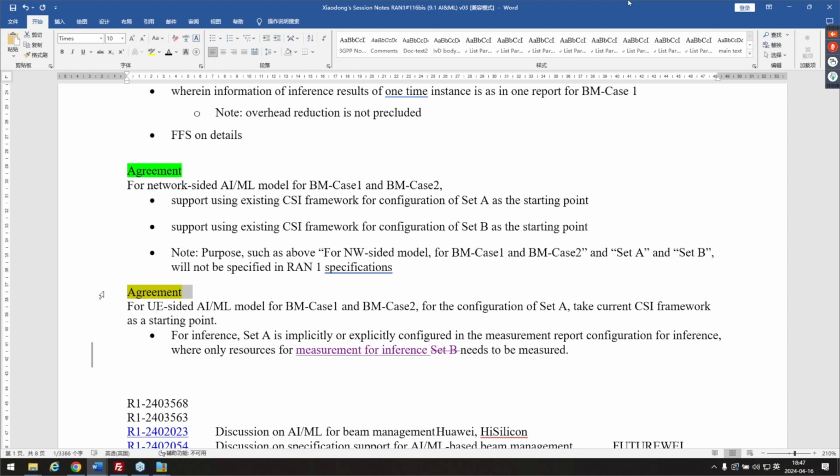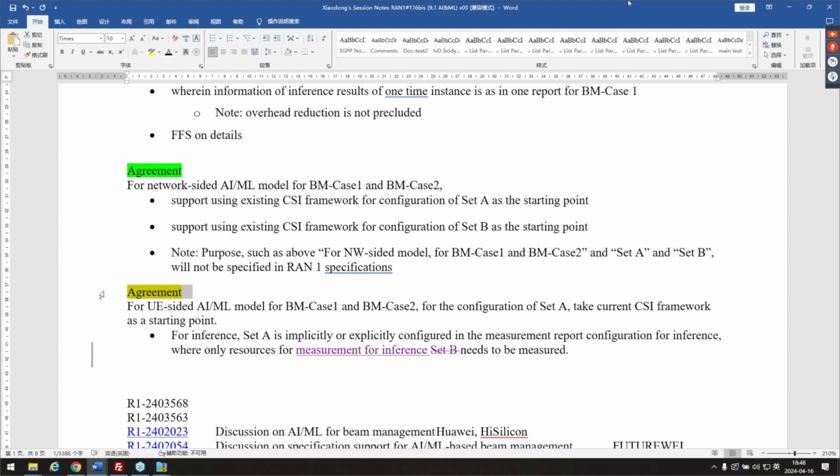Please, which company? NEC. Thanks. This is NEC. We have two comments. First is about implicitly or explicitly. From our understanding, we're not sure what implicitly really means. And the second is that the purpose of this bullet is to explain the configuration of set A, and the sub-bullet is to show how set A is configured in inference.